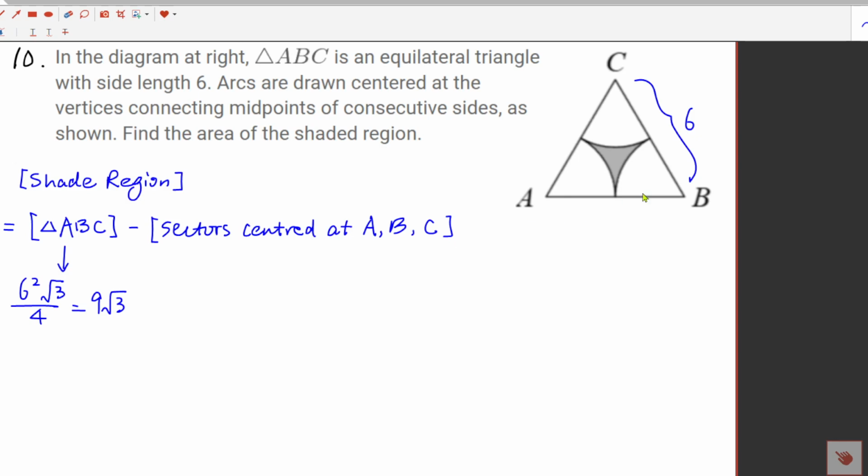And we also know angle A is 60 degrees, angle B is 60 degrees, and angle C is 60 degrees as well. Each of our sectors is just 60 over 360, which is 1/6 of the corresponding circle. Each sector has radius of 6 over 2 equals 3.